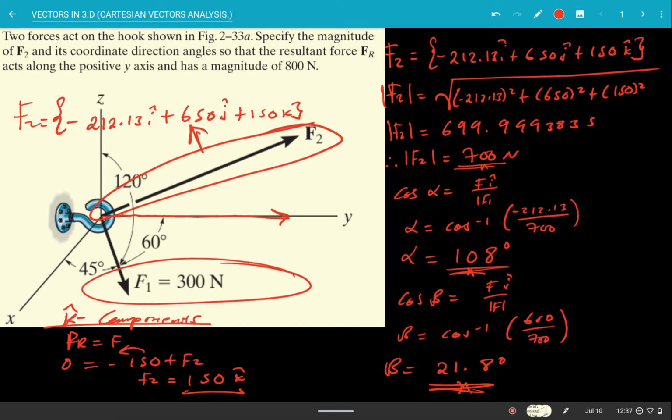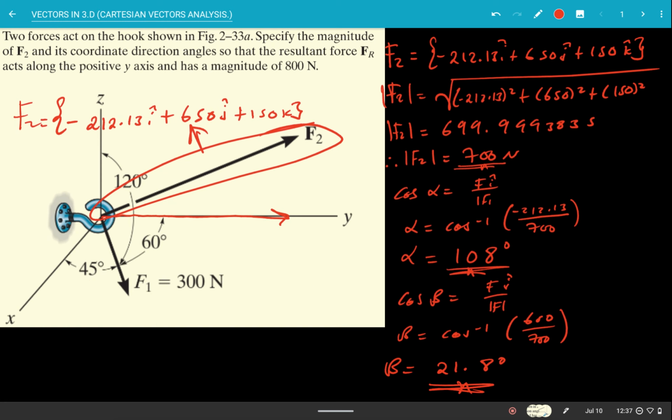I'm just showing them off fast. If you do the same for gamma, remember cos gamma is equal to the component in the K over the magnitude. So you have gamma being equal to cos inverse of the component in the K, which is 150 over 700. So gamma is equal to 77.6 degrees.